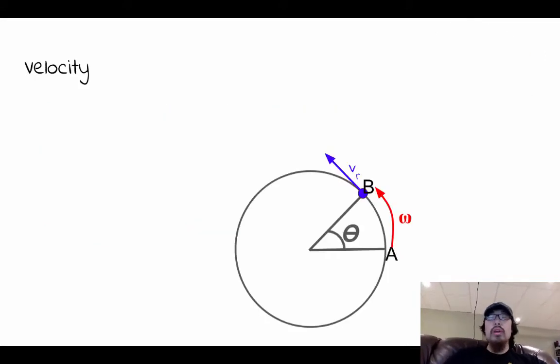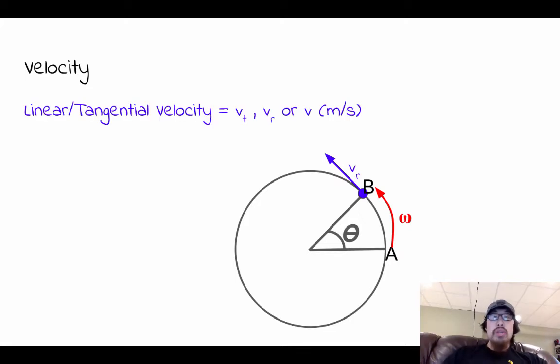All right, and here we go with velocity. Okay, so linear velocity, or in this case tangential velocity, we know it as v sub t or v sub r, and the units are meters per second. Now, that v sub t and v sub r are special velocities. We call them tangential velocities, and I'll show you exactly what they are in a little bit using a simulation.